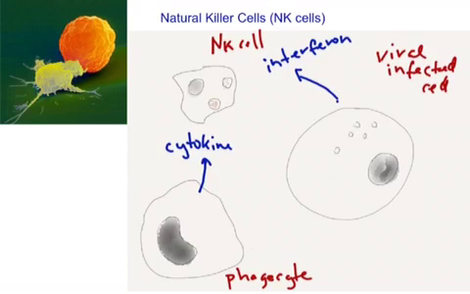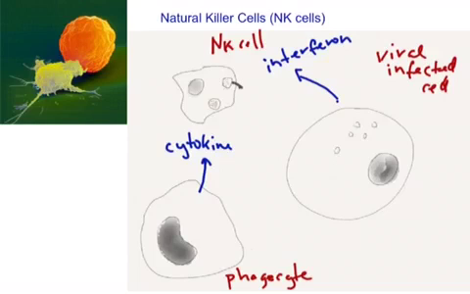And the NK cell will produce two kinds of protein molecules that are relevant to this discussion. First of all, it will produce a protein molecule called perforin.